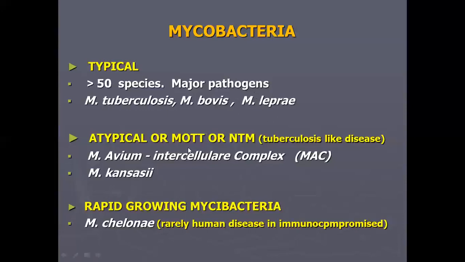The atypical or slow-growing organisms, the NTM or MOTT organisms, the most common being the avium complex, and the rapid growing ones cause human infections, particularly in immunocompromised individuals and individuals who have been implanted with foreign devices.